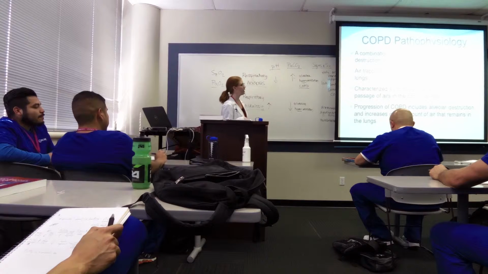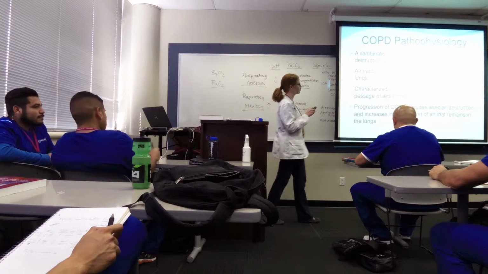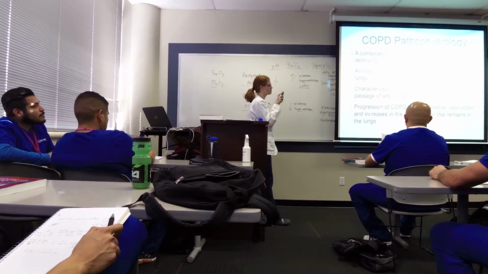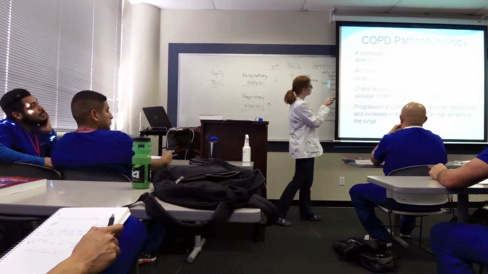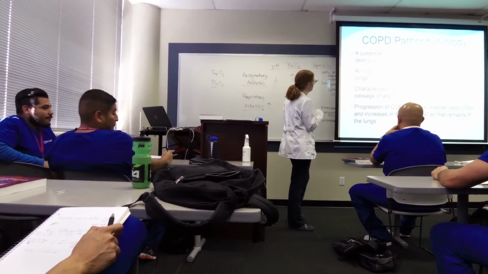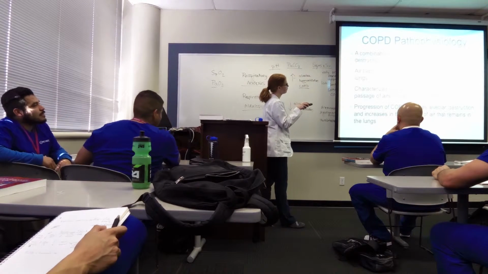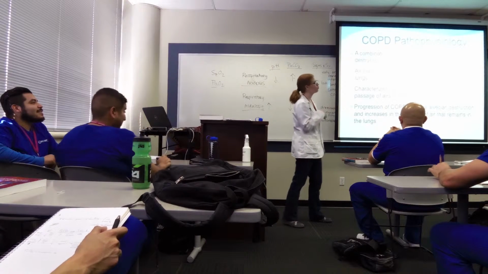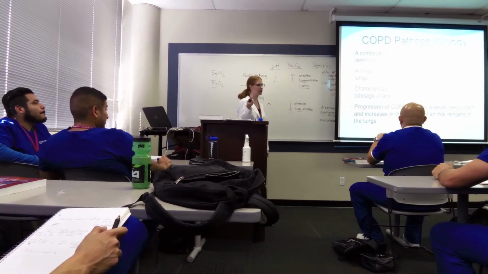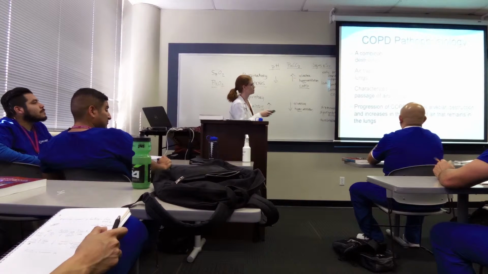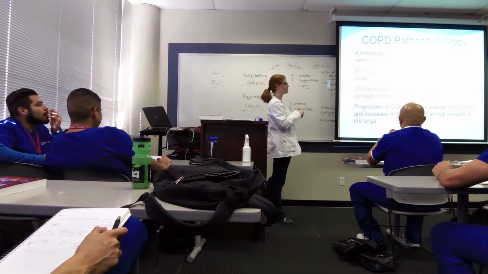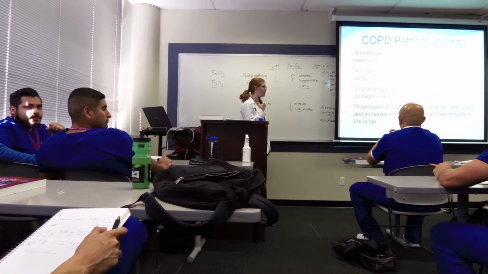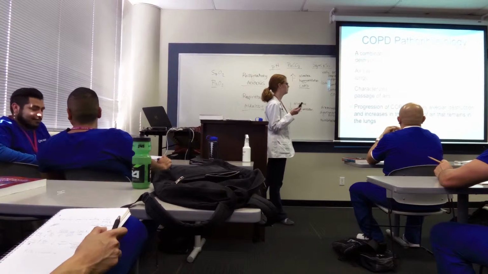Okay, so to review the pathophysiology, what happens first is because of these other chronic disorders, emphysema and bronchitis, we have the airways narrowing and the vasculature thickens, and we have basically more, think of it as more friction in the airways. We've increased resistance to the passage of air. Air is going to have a harder time getting in and getting out over time.